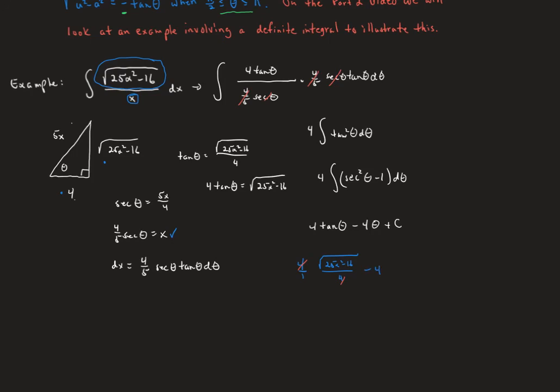Now, theta, we're going to come back to here and say that theta is going to be the arc secant of 5x over 4. See it? Now we're solving for theta there. So that's going to be an arc secant of 5x over 4, and then plus c. Crazy, crazy, crazy. Okay, very good.